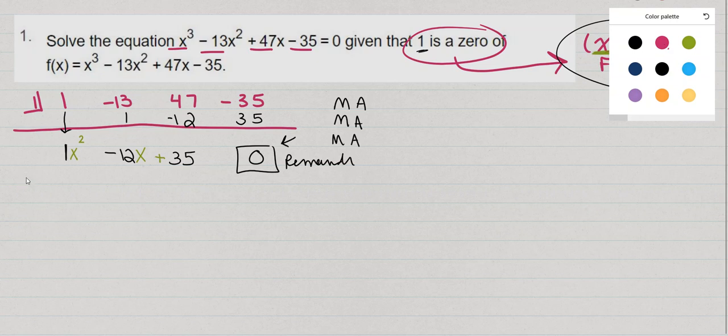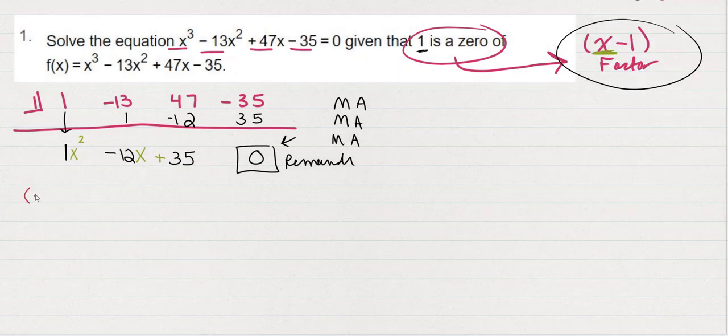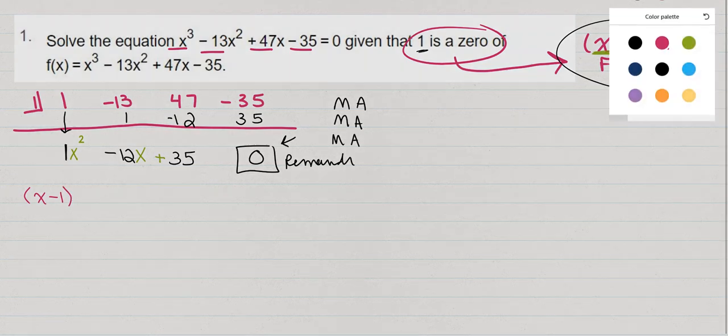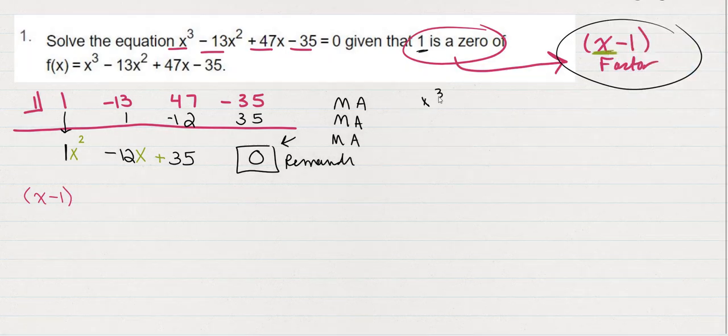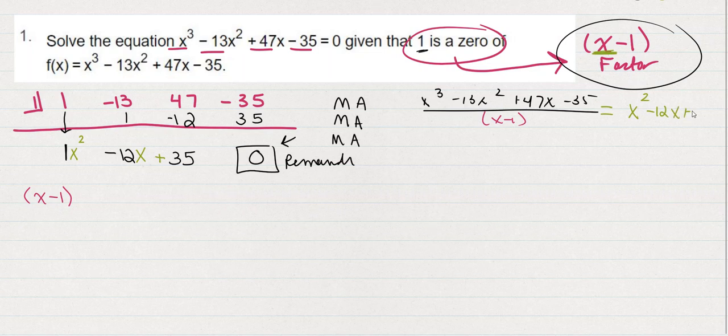It says that because 1 was a 0, this x minus 1 was a factor, and when I divided x cubed minus 13x squared plus 47x minus 35 by the x minus 1, I get the x squared minus 12x plus 35, which is the other factor.